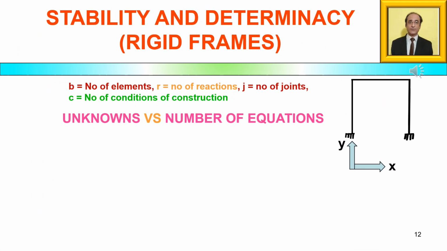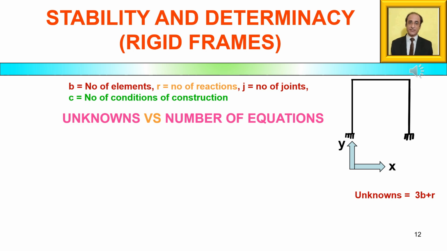Let us now frame the rules for stability and determinacy for the case of rigid frames. In a rigid frame, there are three unknown forces in each member: the axial force, shear force, and the bending moment. So the total number of unknowns in the structure will be 3b plus r.